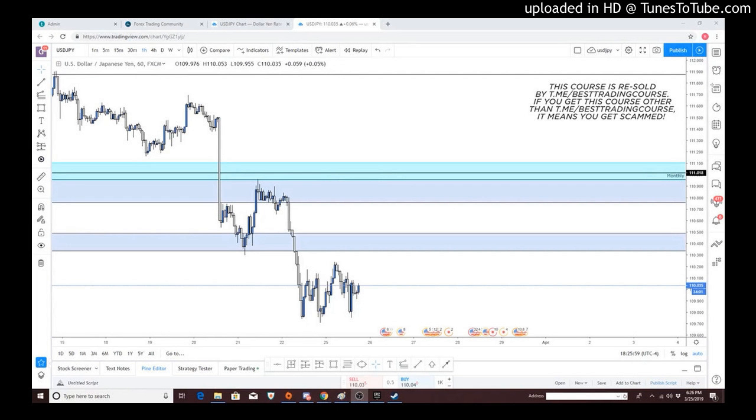Now, the biggest reason to study price is to look at the patterns and what price does at certain levels, and overall study the market patterns themselves, read how price moves. Price is going to move very differently for each and every pair. No pair will move exactly the same, right?